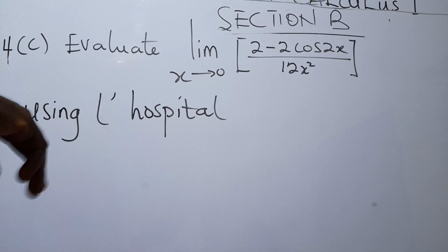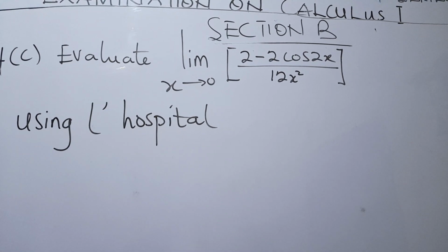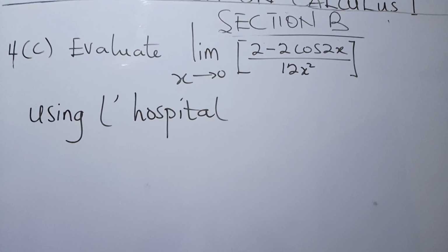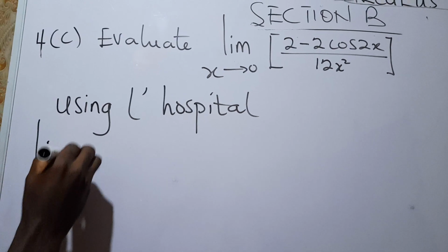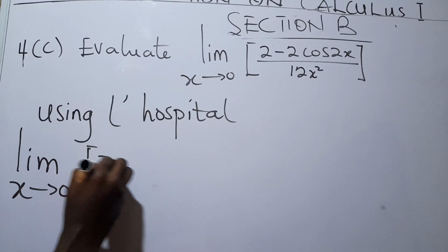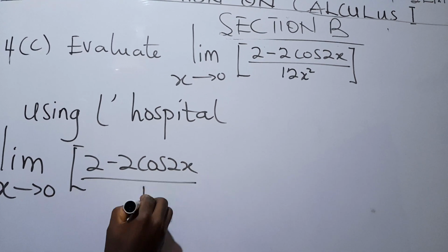If it produces another undefined, differentiate your first differential again, the numerator differently and the denominator differently, then you substitute the value of x. So now let's go. We have the limit where x approaches 0 of 2 minus 2 cos 2x over 12x squared.